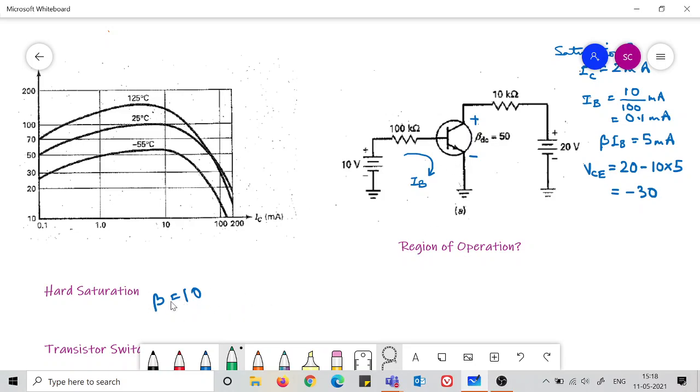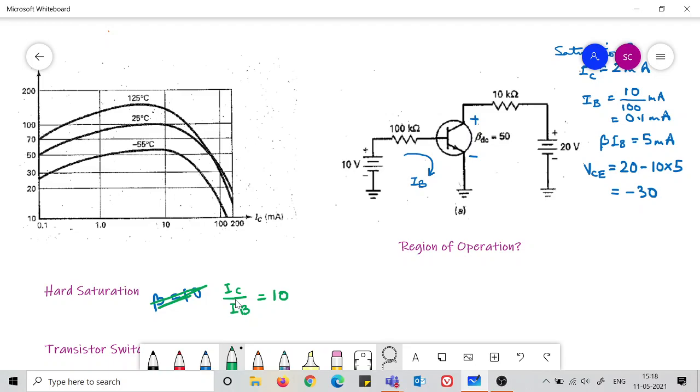This is not the beta of the manufacturer. It is just the gain, IC by IB, nearly 10, because beta given by the manufacturer is around 50 or 100.